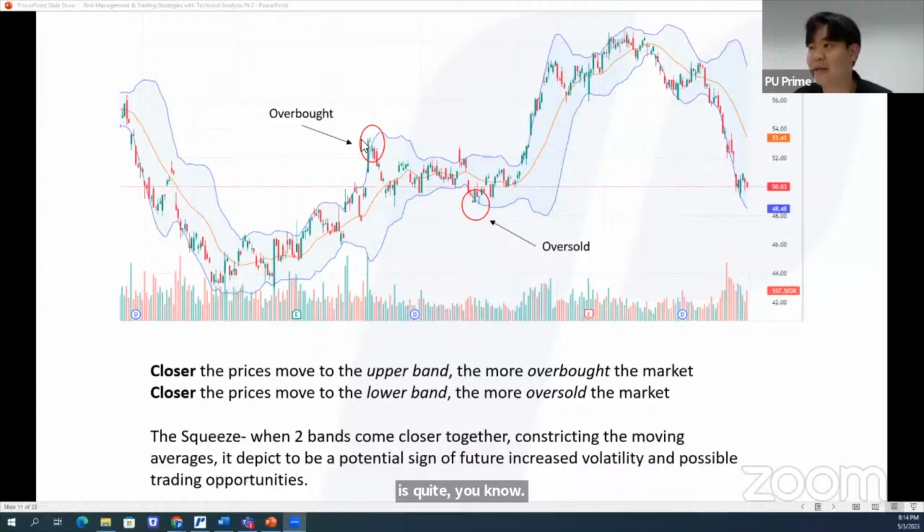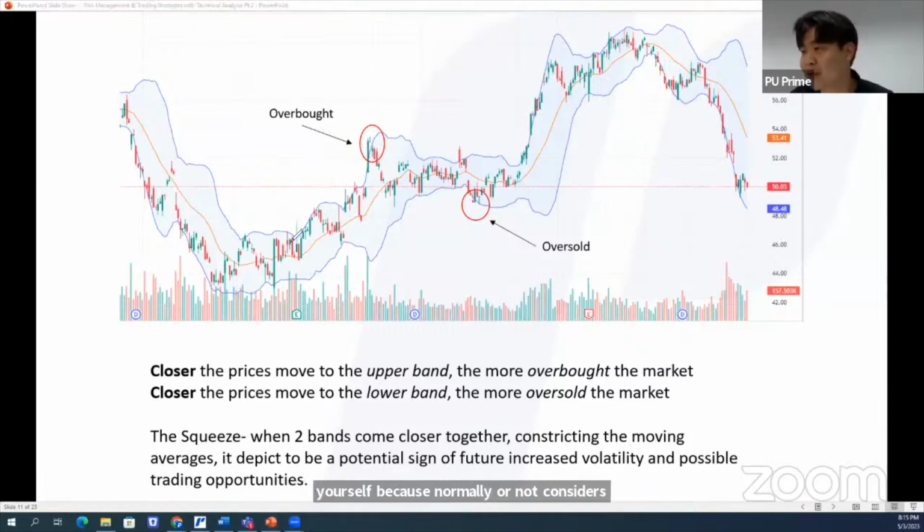To give you an example, after you form it, you can see there are 3 lines over here. When the candlestick starts to touch the upper band, you can consider a sell, because normally this should be an overbought region.